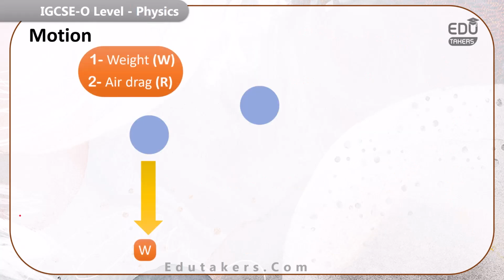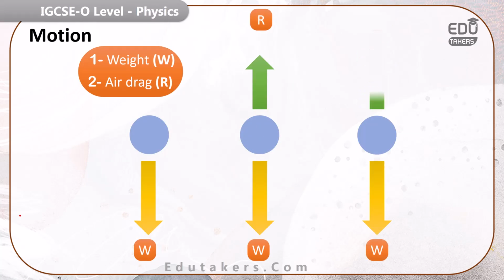You can see here there is a falling droplet and there is only one force acting initially, which is its weight. When the speed of that droplet increases, there is another force acting on this droplet, which is the air resistance, and it always acts in the opposite direction to the motion of that object. As the speed goes on increasing, the air resistance also increases. As we know, the value of weight is fixed, it does not change.